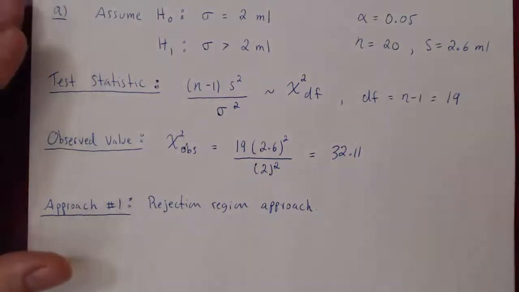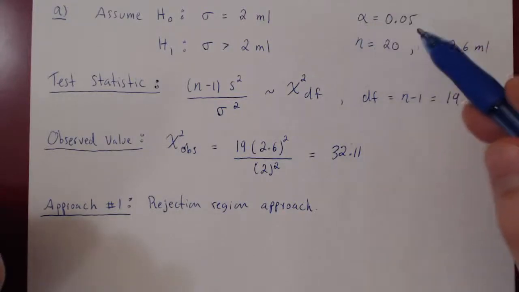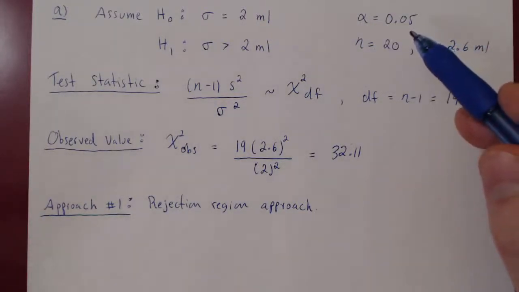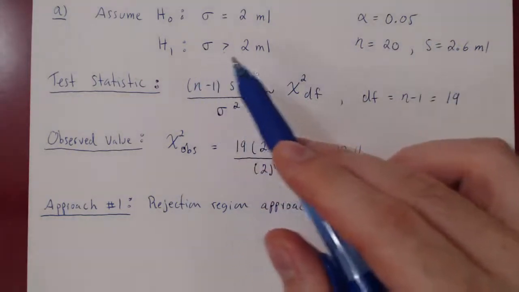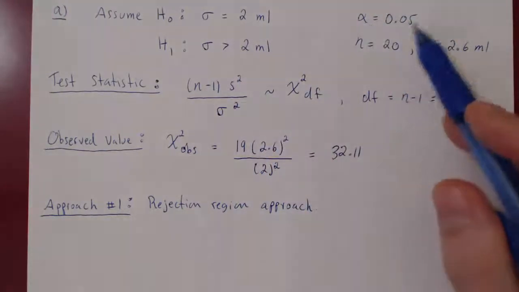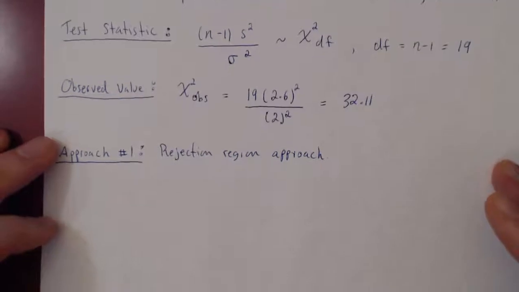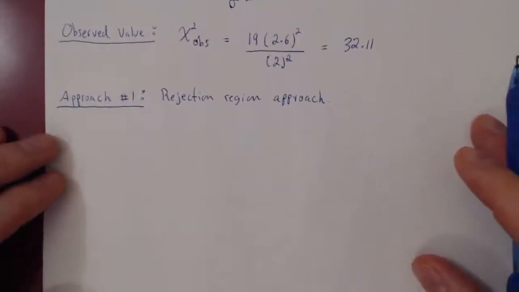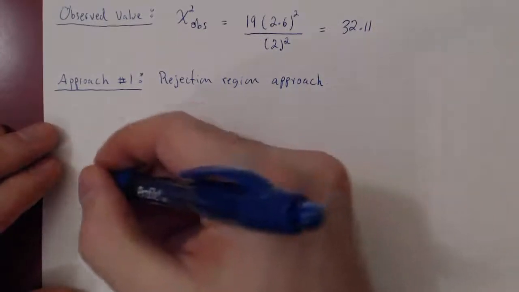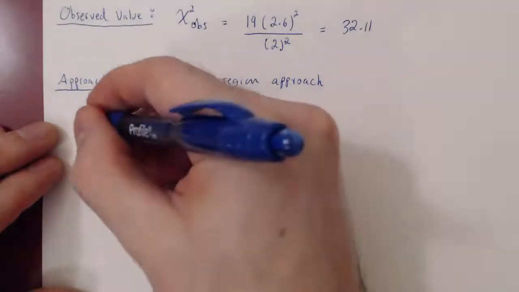The idea is, since our significance level is 5%, we will reject the 5% most extreme values, and since we have a right-tailed test, we will reject the 5% right tail of our distribution. We have a chi-square random variable, so we can draw our generic picture of the chi-square distribution.